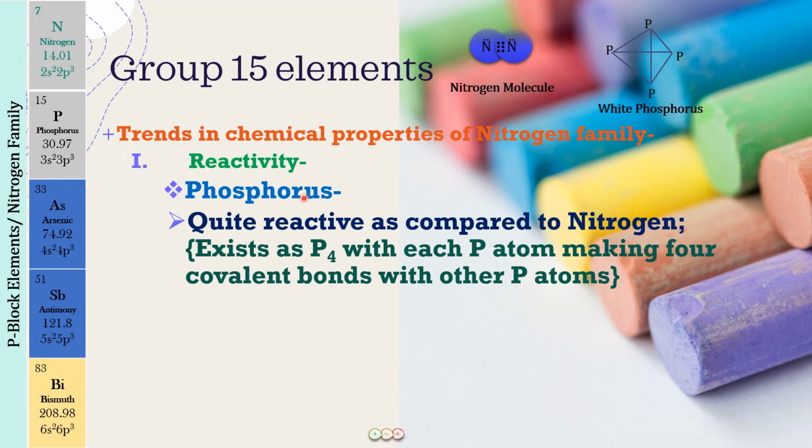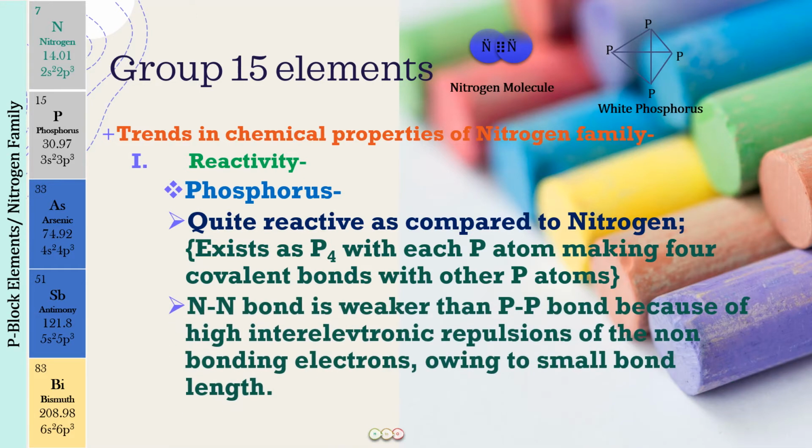And we find that phosphorus is quite reactive as compared to nitrogen. But one very important thing that you have to remember here is that if we compare a nitrogen single bond and a phosphorus single bond, then the nitrogen single bond is going to be weaker than the phosphorus single bond.